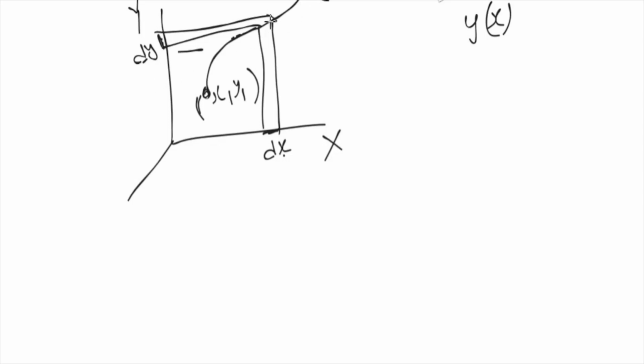So what is the value of this AB? If I call this point A and this point B, then this will be dx and this will be dy.